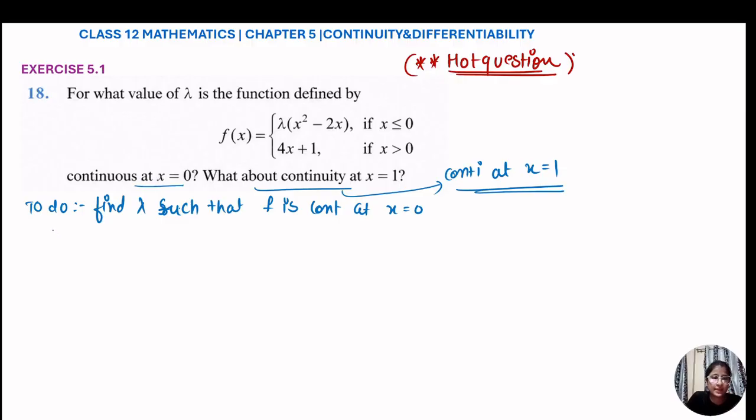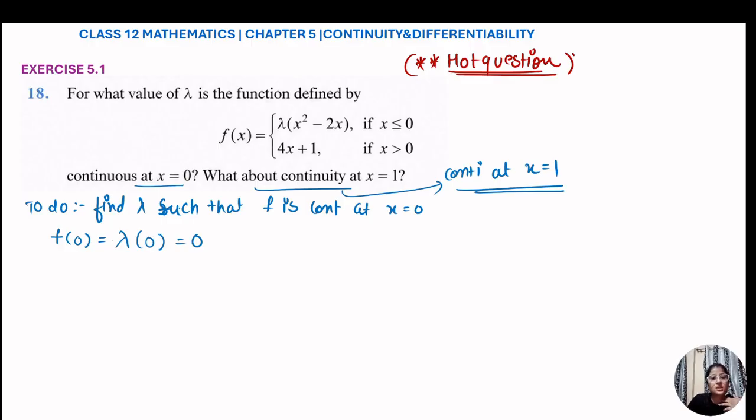Whenever we check continuity, we always first find the function value. So our f of 0 is defined as lambda times x squared minus 2x. Put 0 in place of x, so this will be 0. That is nothing but our function value is 0. Now let's check its limit value.